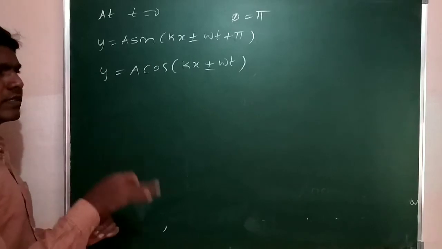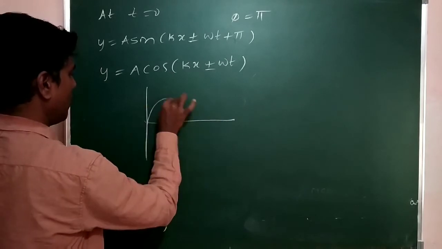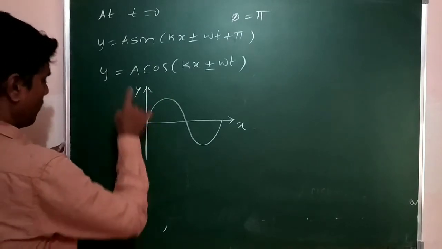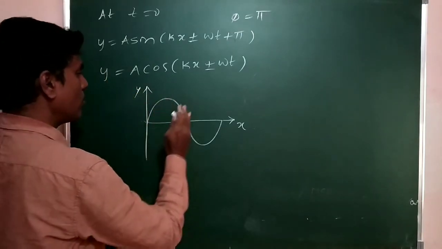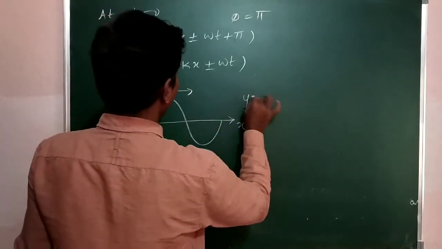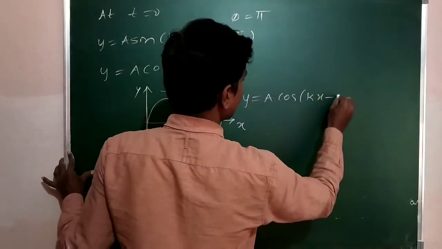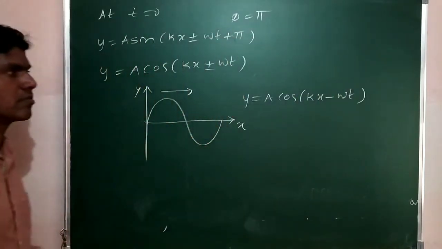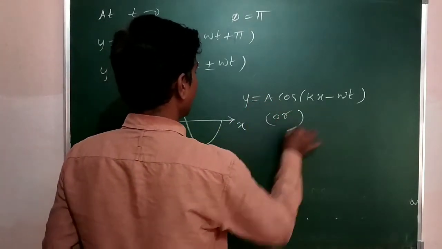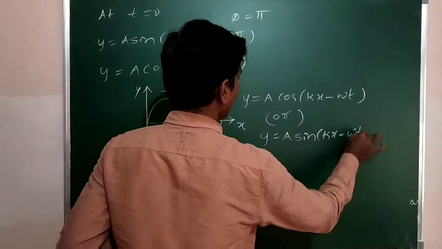When the wave is moving along the positive x direction, the wave moves in the x direction and the displacement is in the y direction. So the wave equation can be written as a cos kx minus omega t. In sine form, y is equal to a sine kx minus omega t.